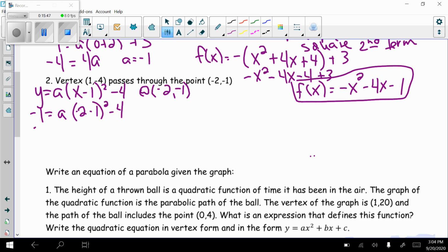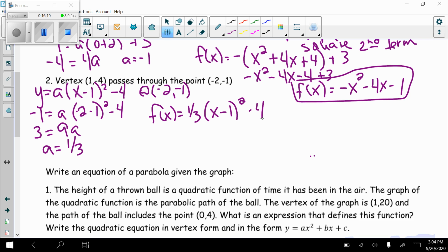Add 4 to both sides, so here I get 3 equals, negative 2 minus 1 is negative 3, negative 3 squared is 9, 9a. Divide by 9, so I get a is 3 divided by 9, which simplifies to 1/3. So now vertex form, f of x equals 1/3, parentheses, x minus 1, quantity squared, minus 4. So that is my vertex form.